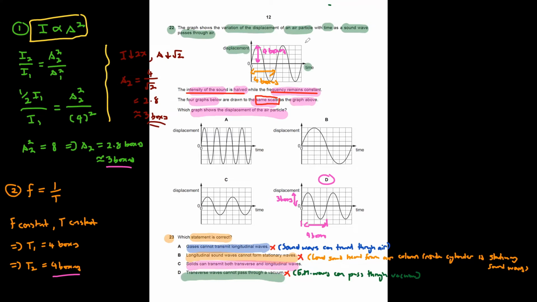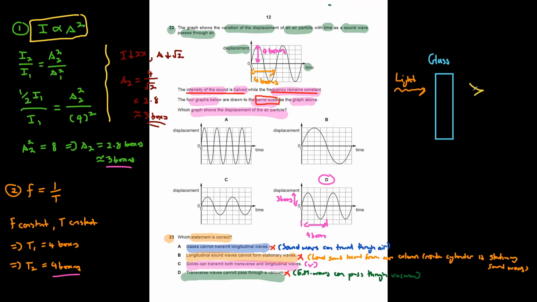Now, solids can transmit both transverse and longitudinal wave. This is correct. So how are you going to visualize this? Why do we say solids can transmit both transverse and longitudinal wave? You imagine this. If I told you you have a glass, transparent glass, you shine light onto the glass.